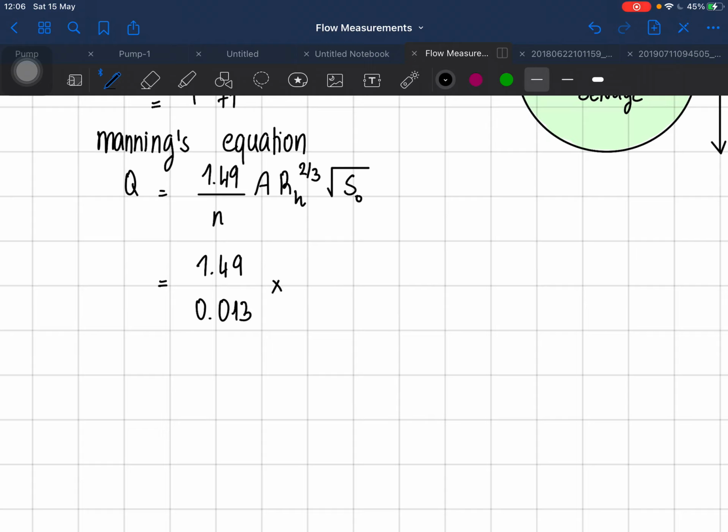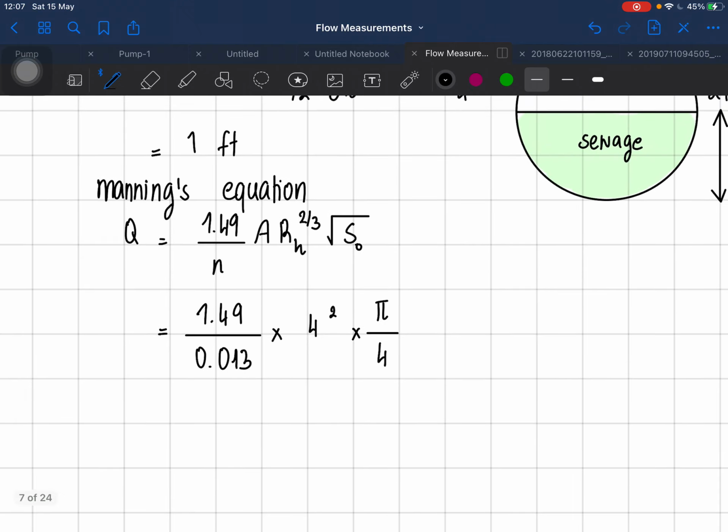0.013 times A, which is 4 feet, the diameter squared, times pi over 4, times R_H, which is 1. 1 to the power of 2 over 3 is also 1, so just write it 1.